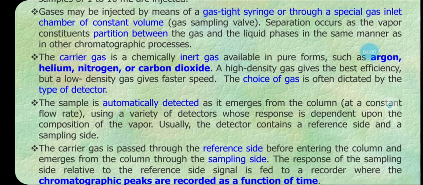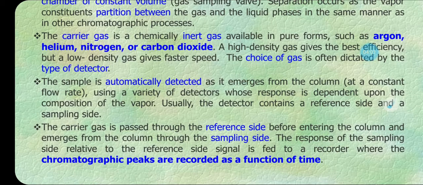The sample is automatically detected as it emerges from the column at a constant flow rate, using a variety of detectors whose response depends upon the composition of the vapor. Usually a detector contains a reference side and a sample side.